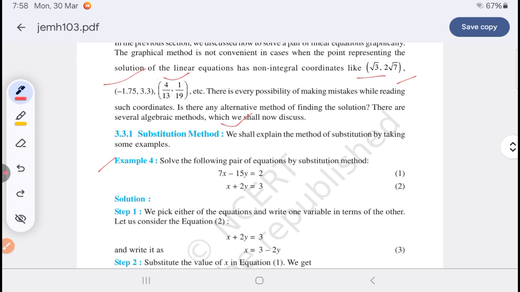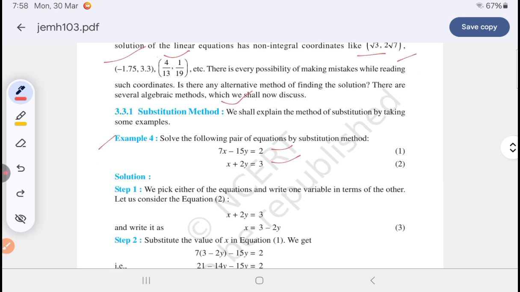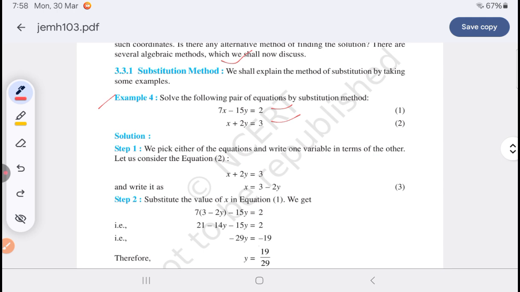First example: the first line is 7x minus 15y equal to 2, and x plus 2y equal to 3. From equation 2, x plus 2y equal to 3, you can write x equal to 3 minus 2y, bringing 2y to this side.